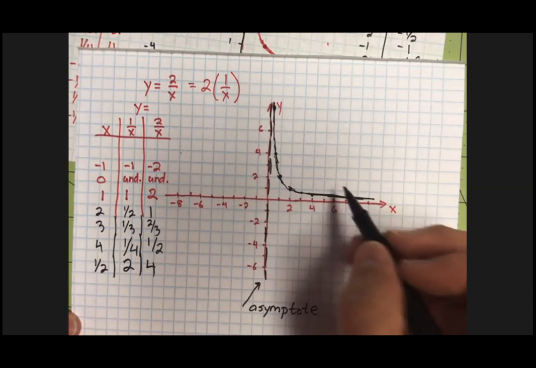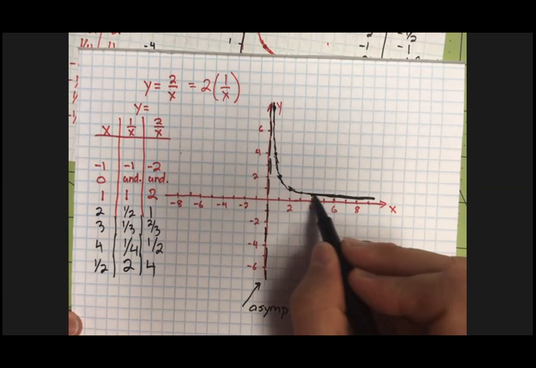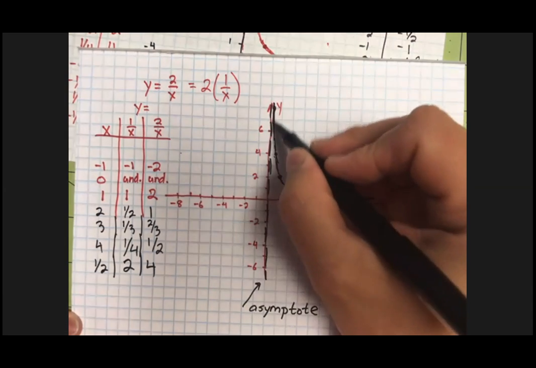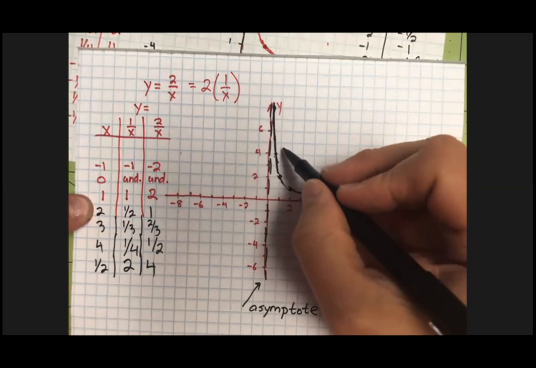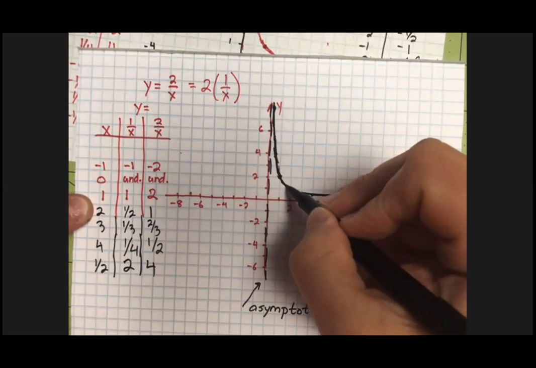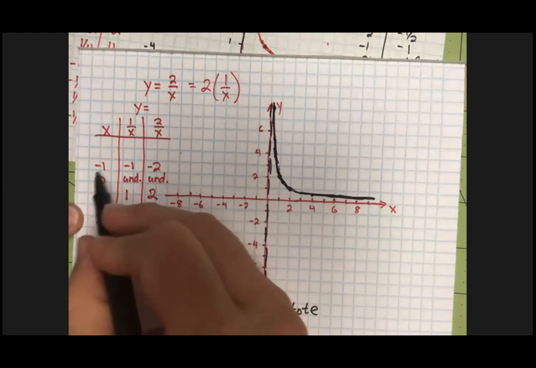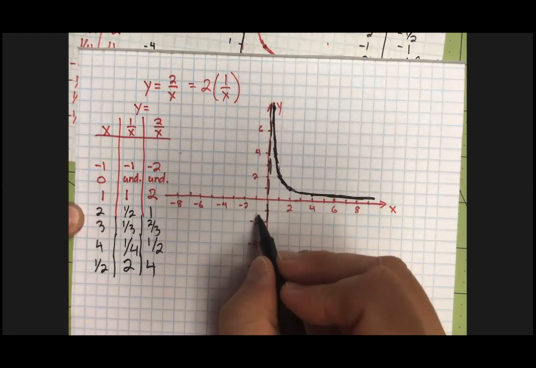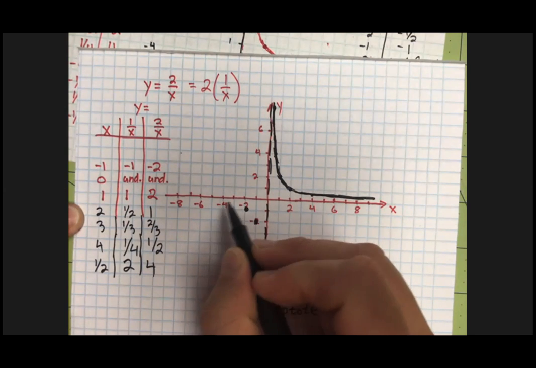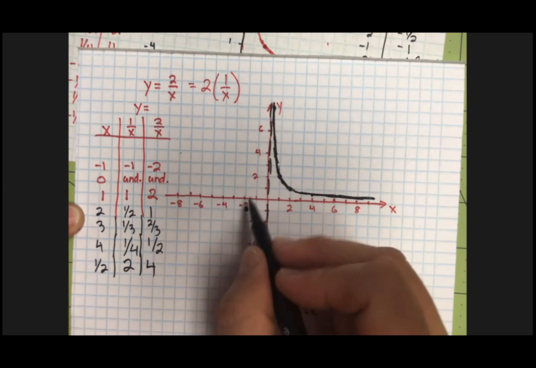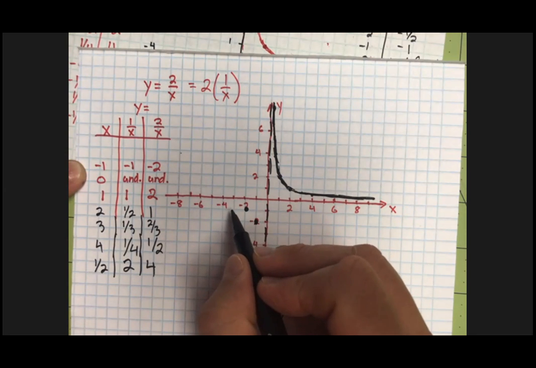Now, I've only drawn half of it, right? Because I know that if I had used negative signs in front of any of these numbers on the left, I would have got the exact same values, but with negative signs in front of them, like -1, -2, -2, -1. I just have to reverse the y values. I just have to multiply by -1.